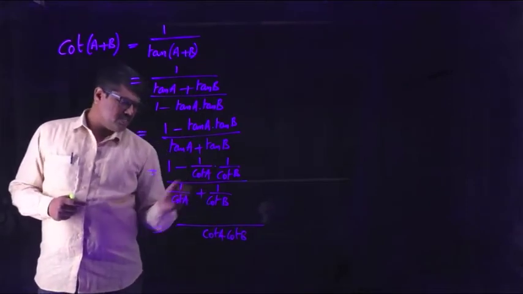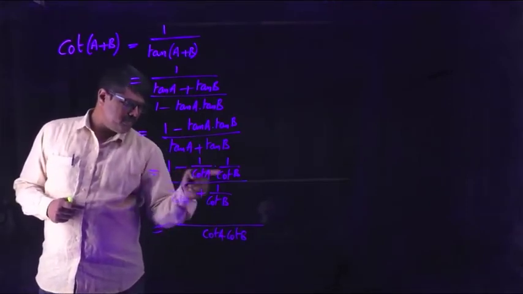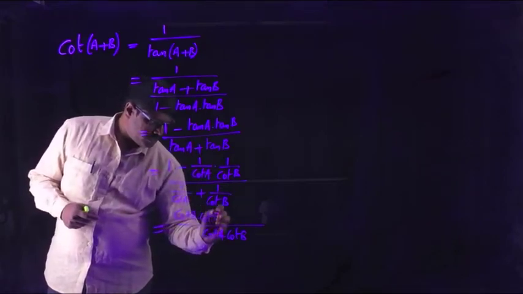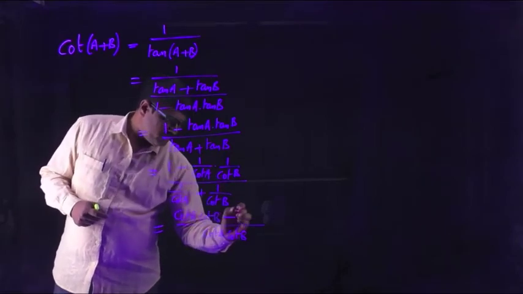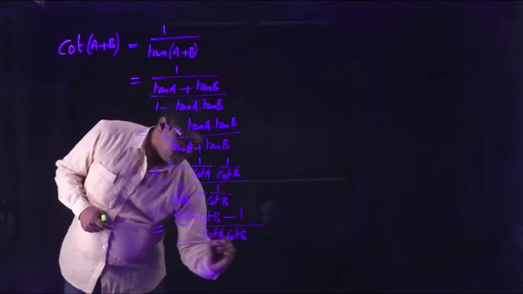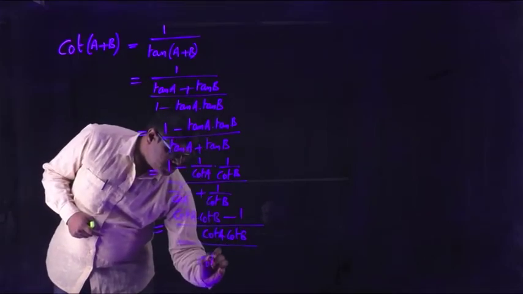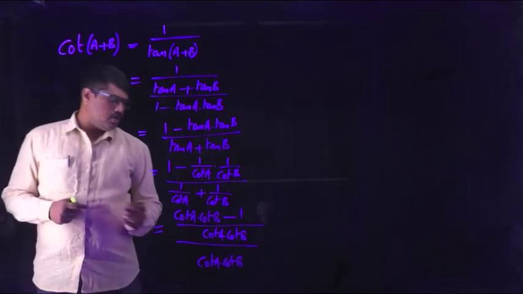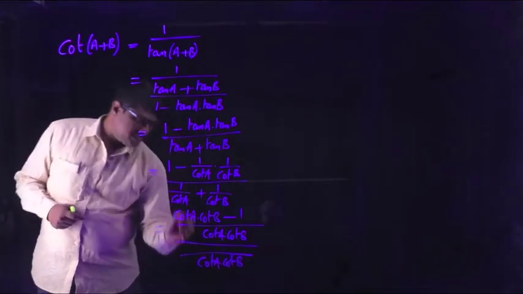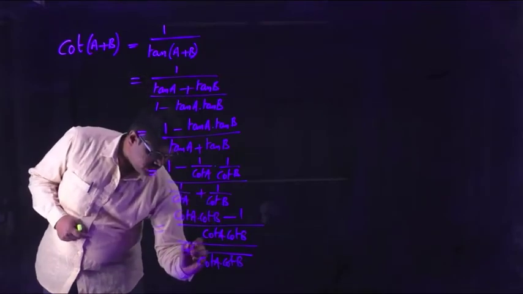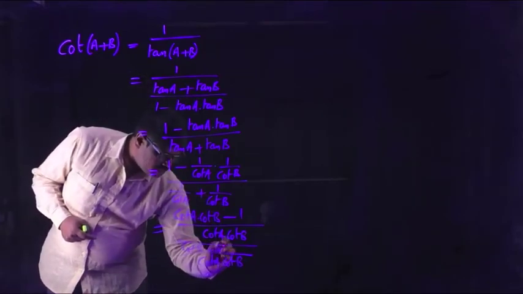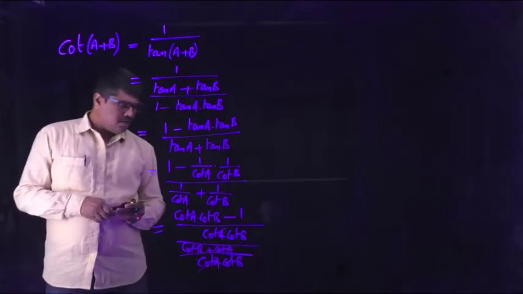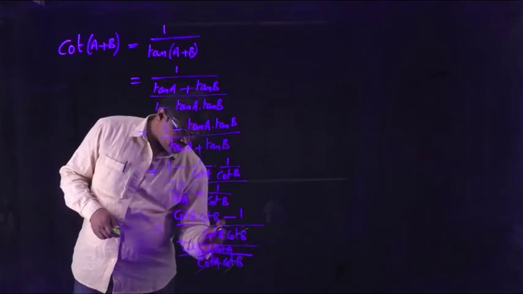After considering LCM, here 1 is there, so by cross multiplication with cot A into cot B, it comes cot A into cot B. So 1 into 1 you will get 1, minus 1 by cot A cot B. The denominator LCM is also cot A into cot B, so you will get the numerator as cot B plus cot A. So cot A gets cancelled and cot B also gets cancelled.